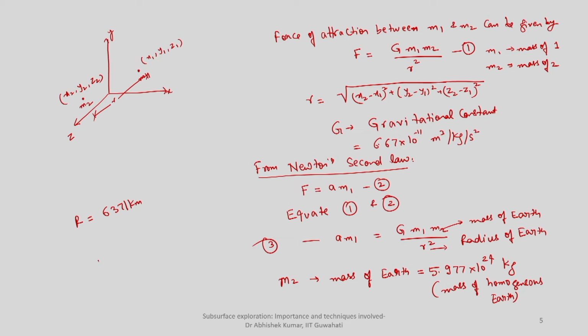You will get A equals minus g m r over r square, which will be called the acceleration due to gravity, that is g n, 9.81 meter per second square. So, g m over r square.